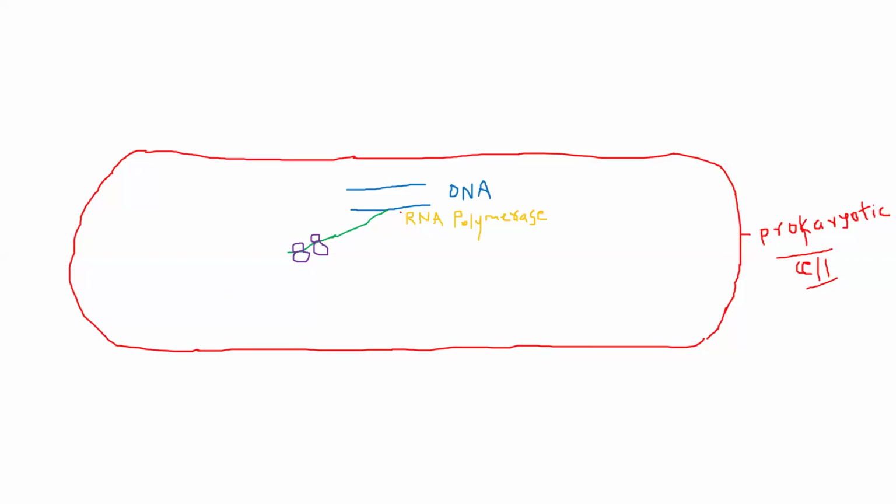Since prokaryotes don't have a true nucleus, the translation begins before the transcription is completed, or this mRNA is completely synthesized. And we can clearly see the ribosomes have begun the translation in this picture, even when the transcription is not completed. This is a hallmark feature in bacteria, and this is called coupled transcription and translation, where the transcription and translation can take place simultaneously.